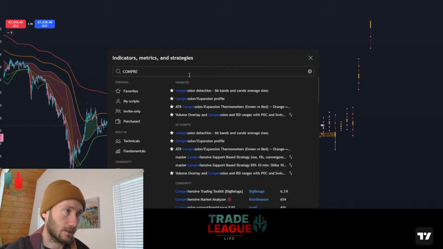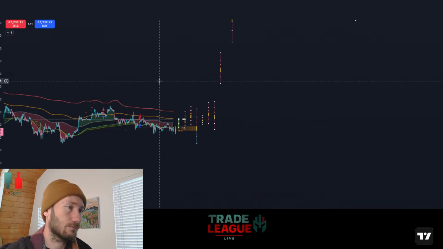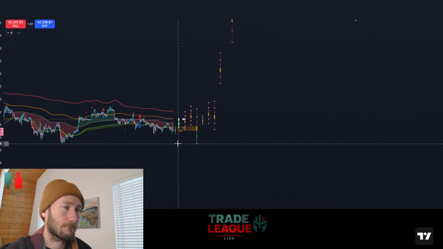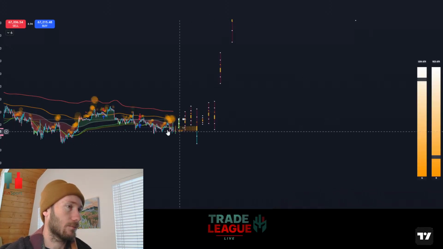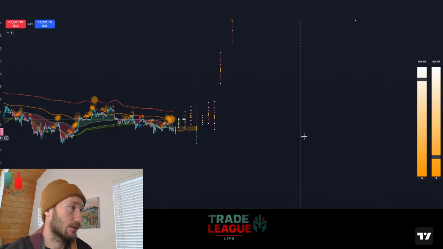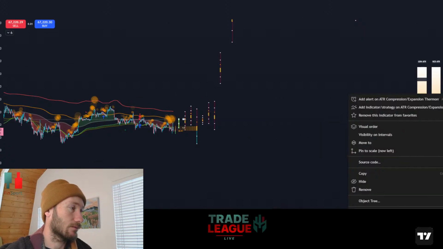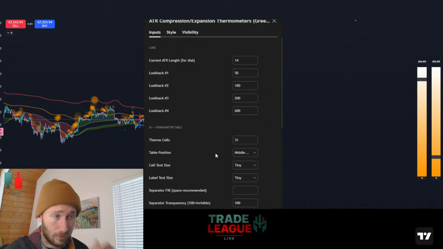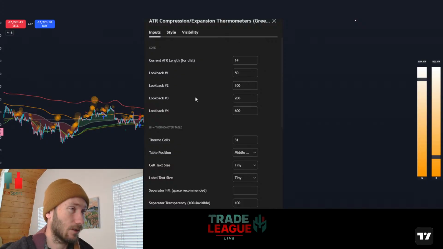I built a couple different compression tools here, so I think this is what I'm looking for. If I can mix the VWAP compression with other signals, then this is the ATR. So this one measures ATR, Bollinger Bands, and volume all in one.